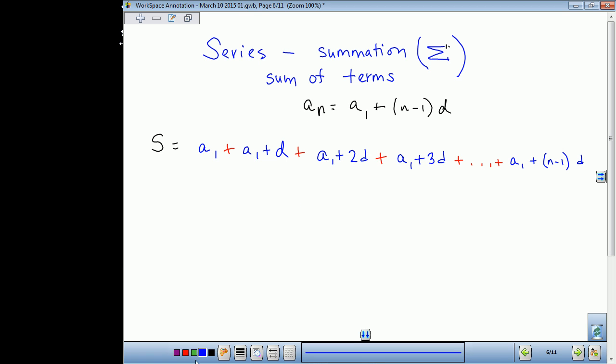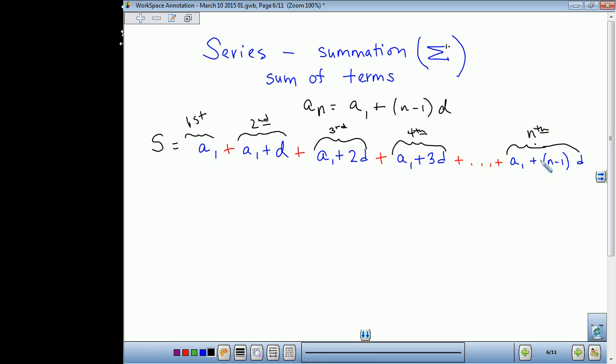All right, maybe it would help if I go, okay, this is the first term. This is the second term. This is the third term. This is the fourth term. And this is the nth term, the final term for us, n.